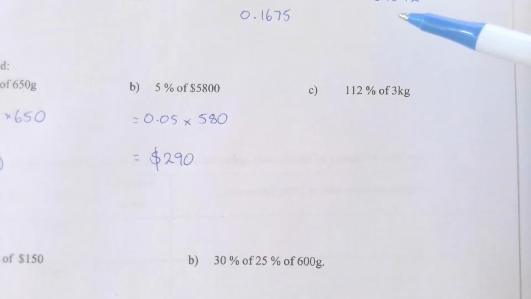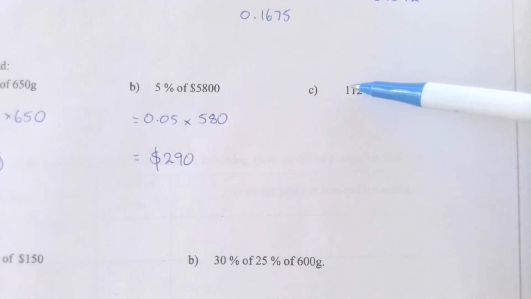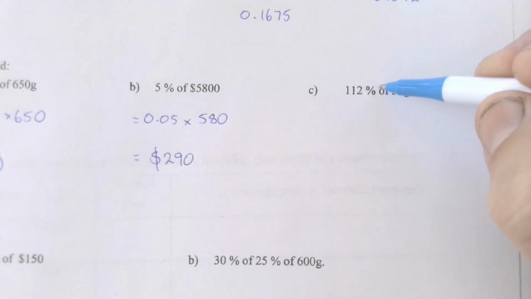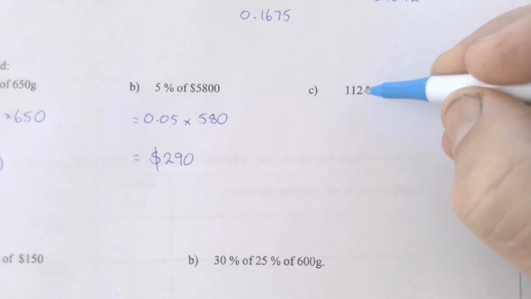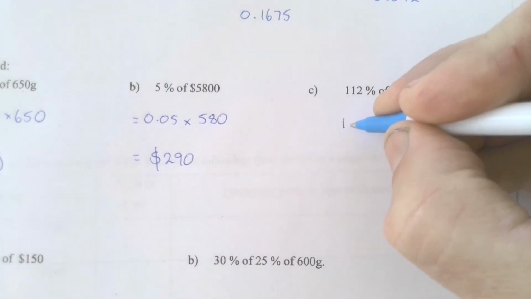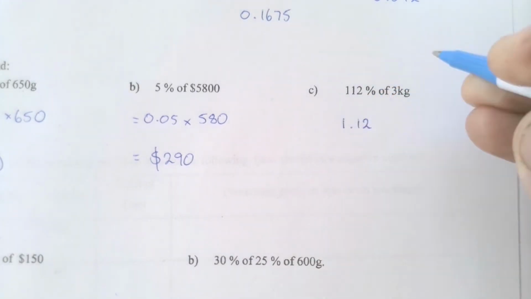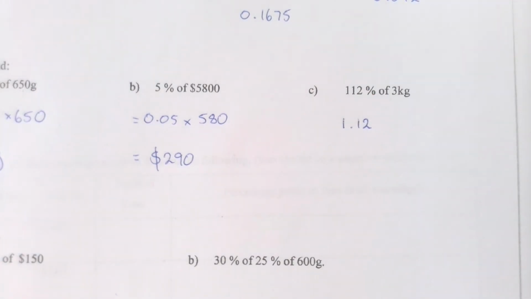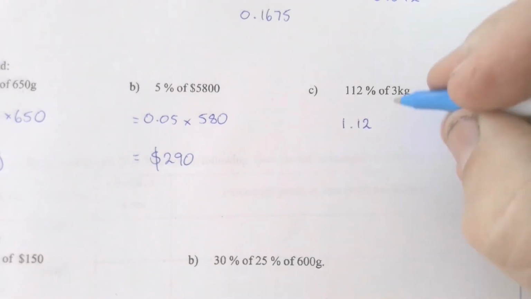Right, when you need to do question 4C, and you've got 112%, this is really good for being able to work out things like GST or your pay rise or something along those lines. So you still convert this to a decimal, but when you move that decimal place, it will end up being 1.12. Okay, so when you put it in your calculator, you can still just divide that by 100, and you'll get 1.12.